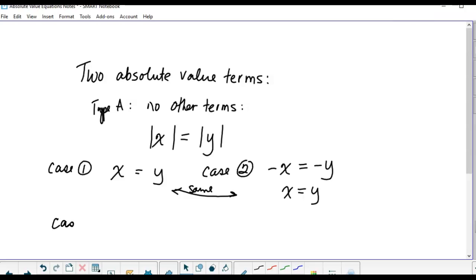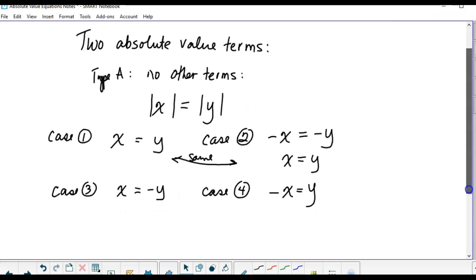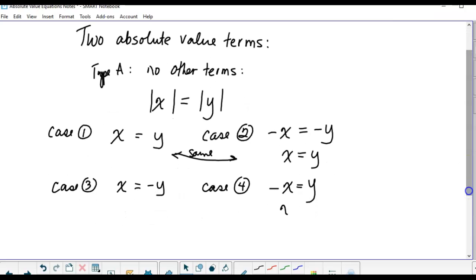Case 3, how about if x is positive, doesn't change when you take the absolute value. If y is negative, then we have to change the sign of it. And vice versa, if x is negative, we have to change the sign of it, and y is positive, we don't. Notice how if I rearrange this, divide by negative, it's the same.